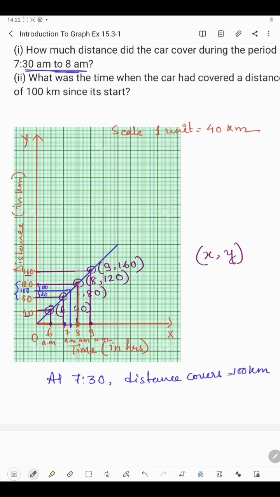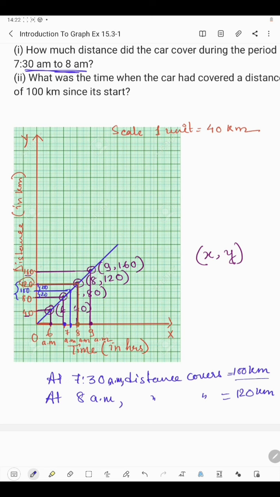Now from here if you go towards left to find how much distance the car covers at 8 am, we will get 120 kilometer. We will write, at 8 am the distance covered is 120 kilometer.